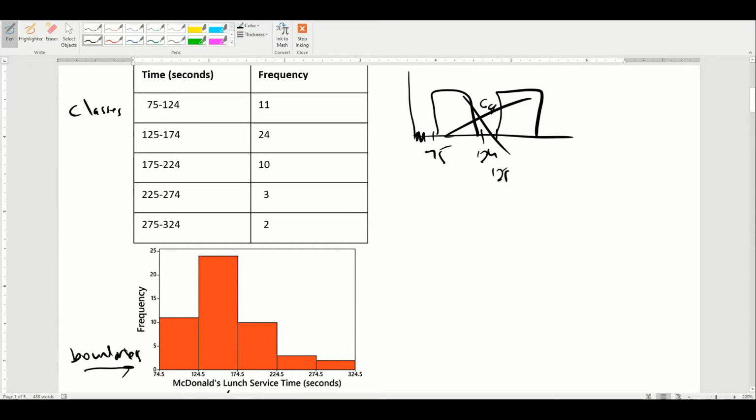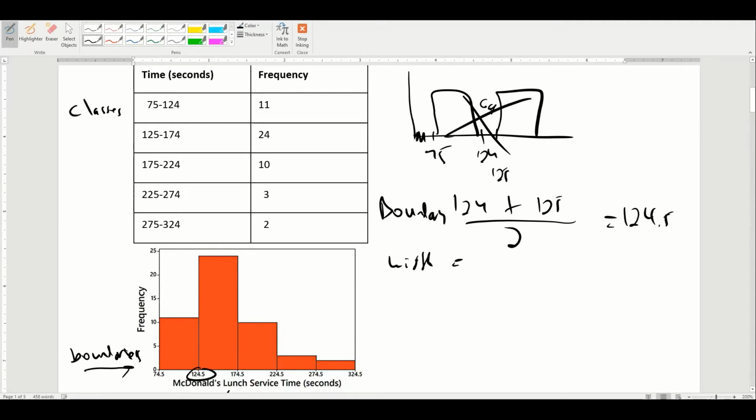Now to get to the boundaries, you take 124 plus 125 and divide that by 2, and you end up getting 124.5. So that's where that comes from. That's a boundary. Now, the width is just this lower limit minus that lower limit, which gives us 50.